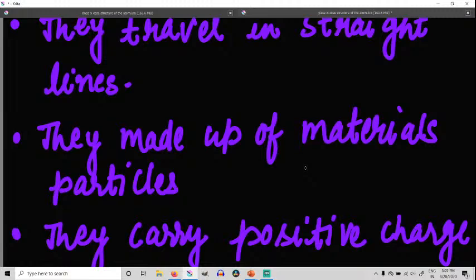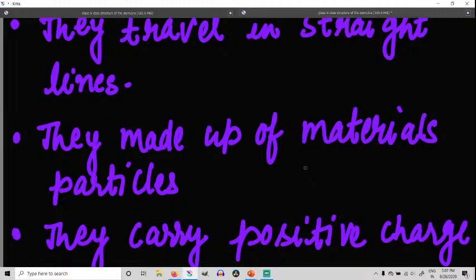And even if you keep a magnetic field in the path, they will show deviation in the magnetic field as well as the electrical field. And then they are made up of material particles. How can you prove that?